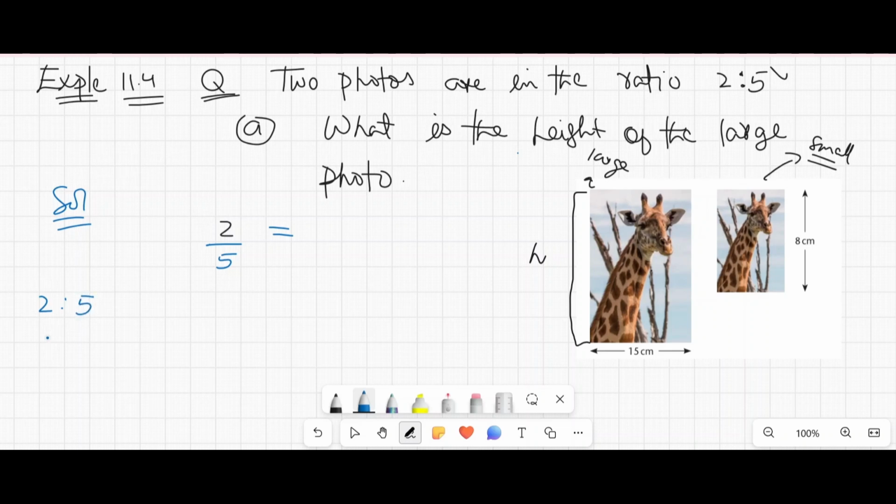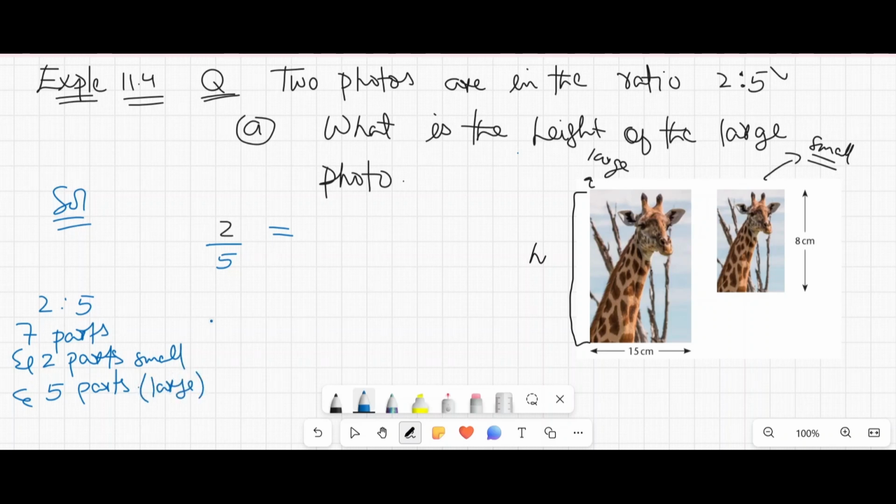So if this is in 2:5, that means in total we have 7 parts, 2 parts for the small photo and 5 parts for the large photo. So this is the distribution. This is the small, and this is the large photo.